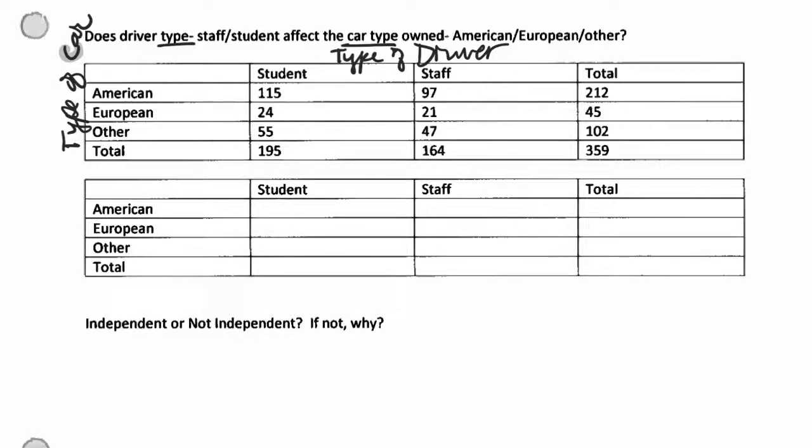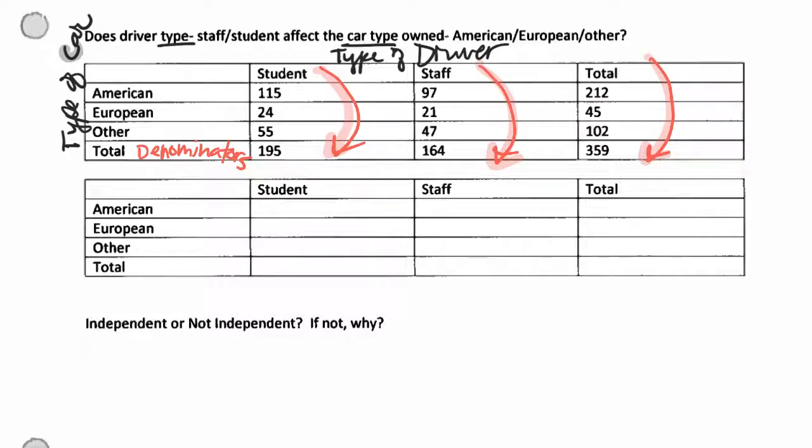If you're a student, then you would be more or less likely to own particular types of car. If you're a staff member, you would be more or less likely to own particular types of car. So the arrows go this way because the type of driver is the explanatory variable. That means that down here, these will be your denominators when you make fractions. So that helps you visually see how your fractions are going to be made.